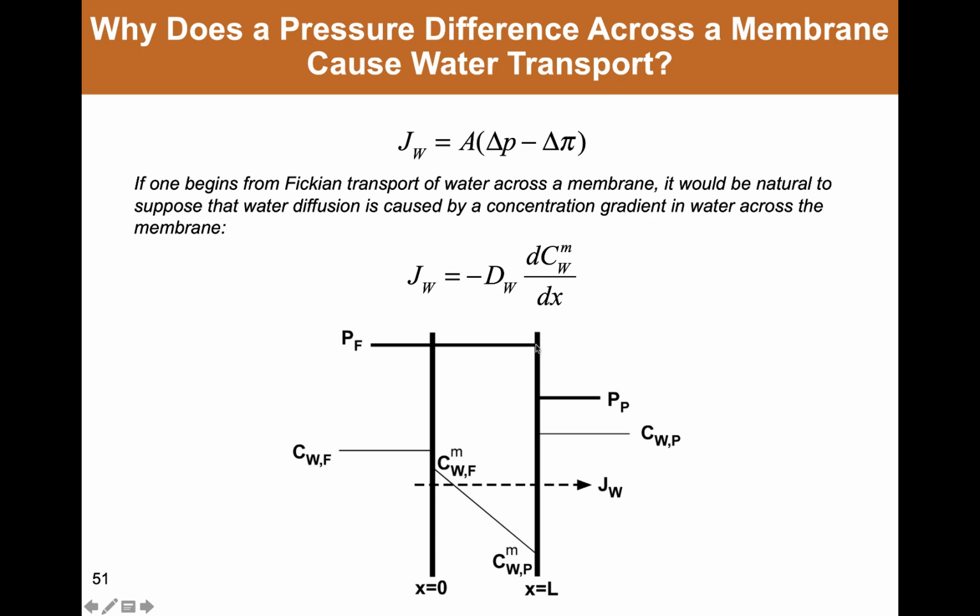So the penetrant that is dissolved in the polymer at this back face is experiencing the hydrostatic pressure on the feed side. Now that's a result from mechanics, and we won't go into depth of that, but it is in fact true.